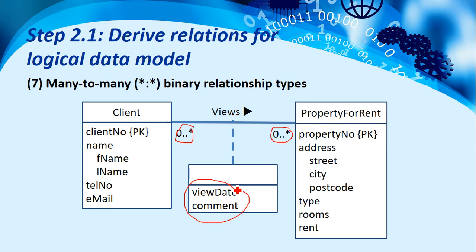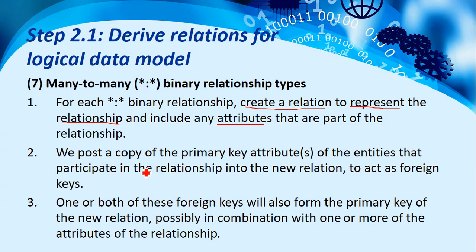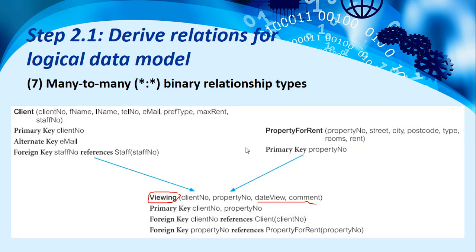Okay? And then we post a copy of the primary key attributes of the entities into the new relation. So therefore, etong primary key na to, yan. Tsaka itong primary key na to, lagay natin dito.